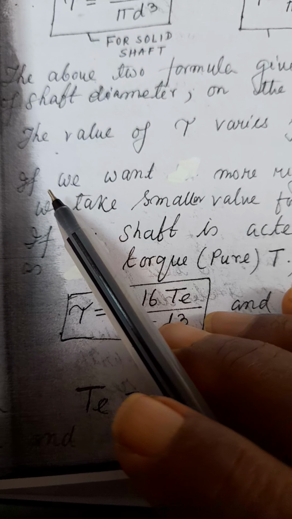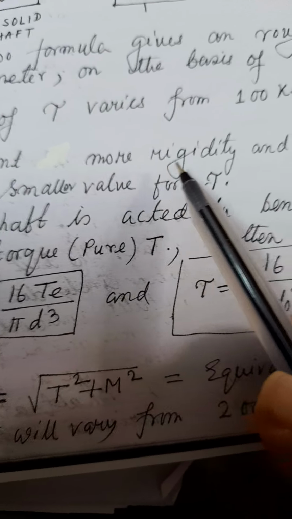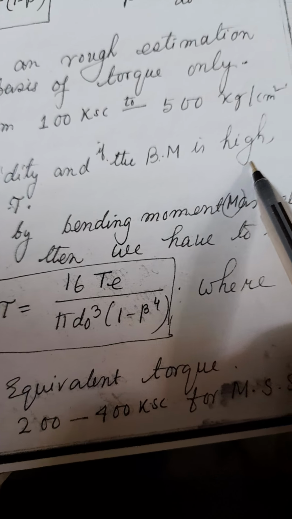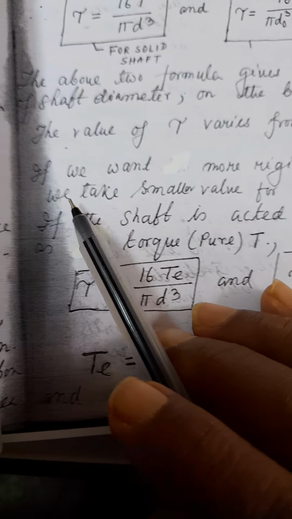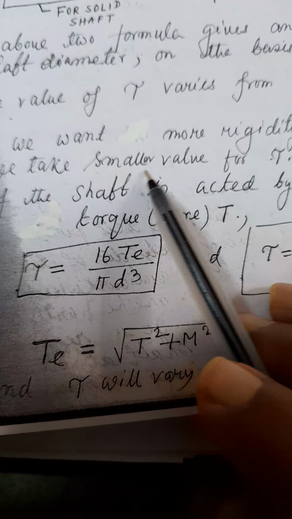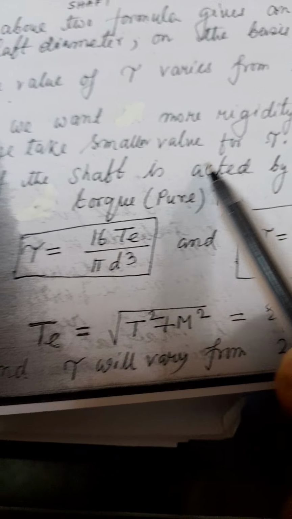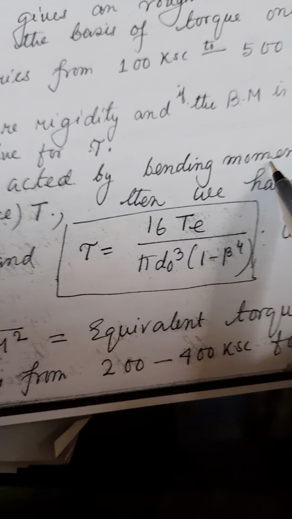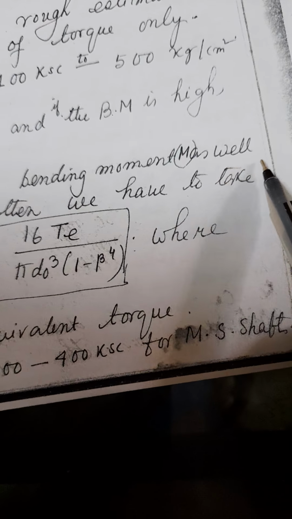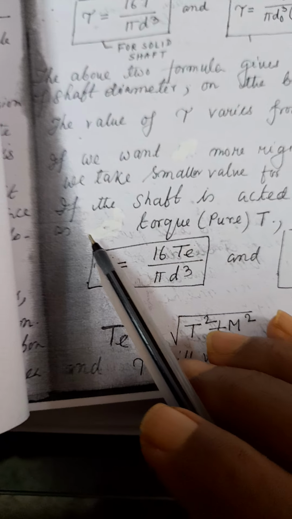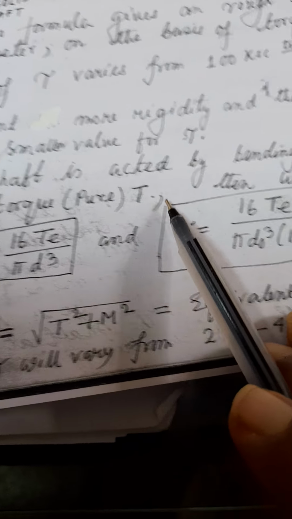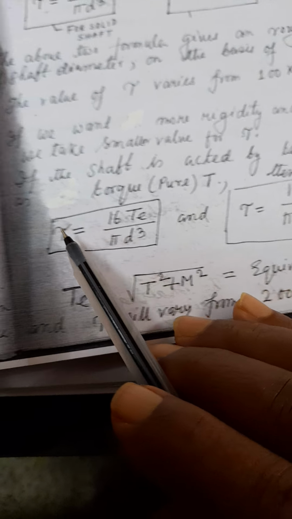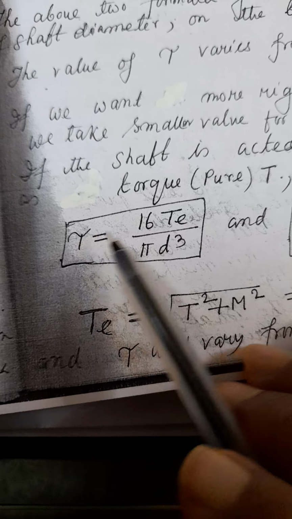That you know. If we want more rigidity and if the bending moment is high, we take a smaller value for tau. If the shaft is acted on by bending moment M as well as torque T, then we have to take the equivalent torque.